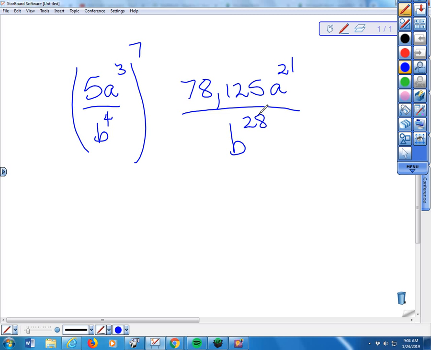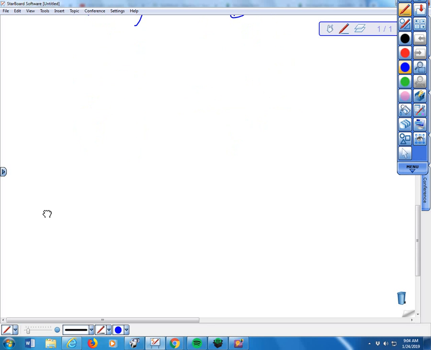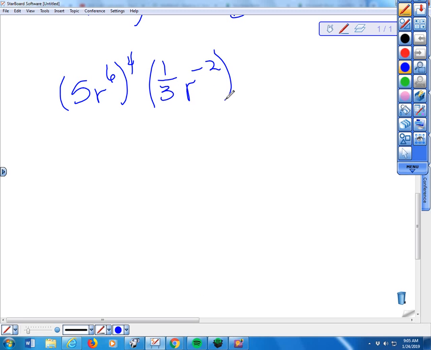Okay. Let's do one where I need to simplify first. Well, let's just do this one. 5 r to the 6th raised to the 4th times 1/3 r to the negative 2 to the 5th.